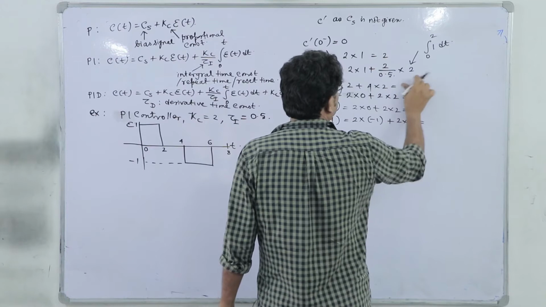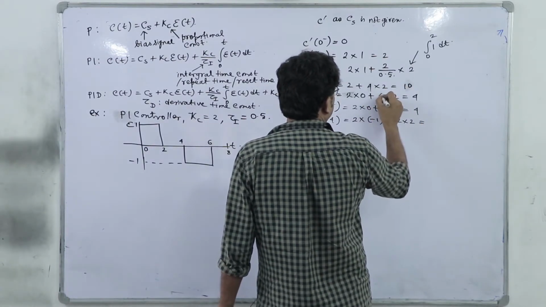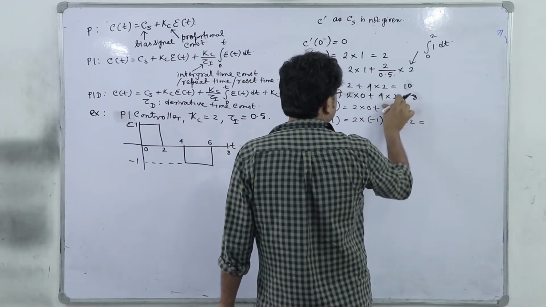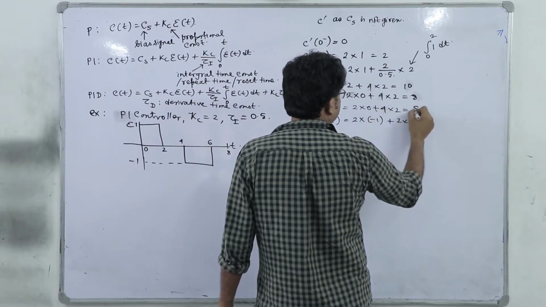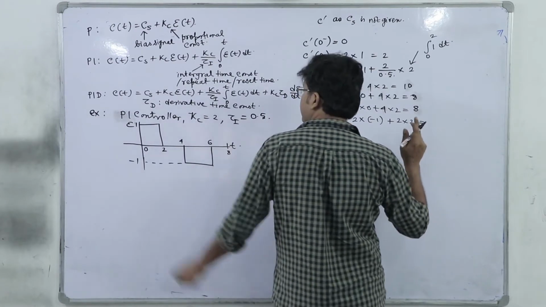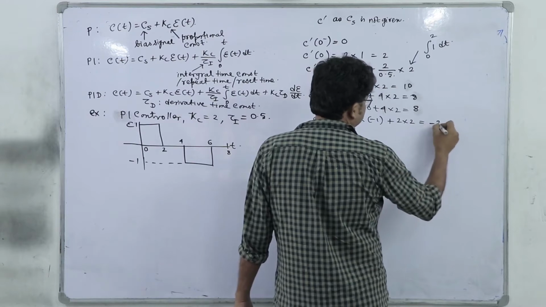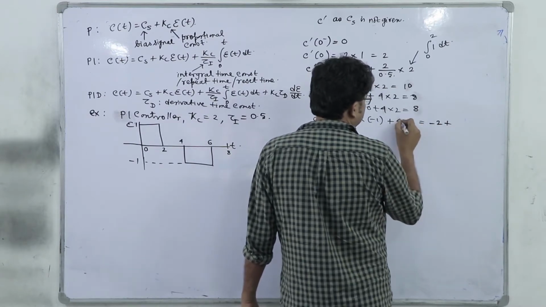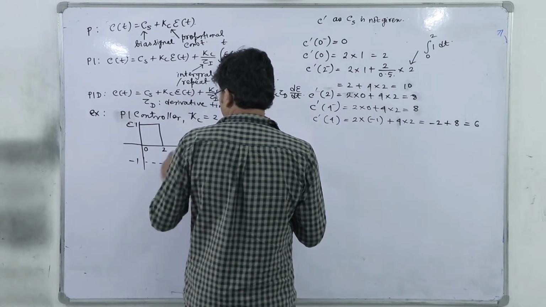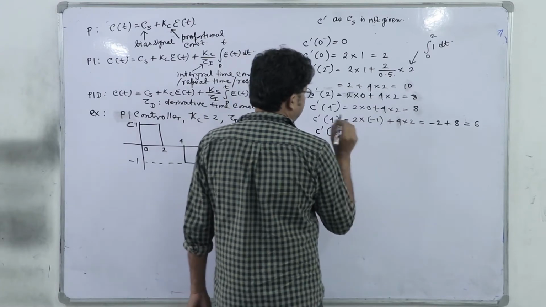This is 4, so this is 8, and this will also be 8. So, at 4 it will be minus 2 plus 8, which is equal to 6. Now, C prime at 4 plus again remains at 6.